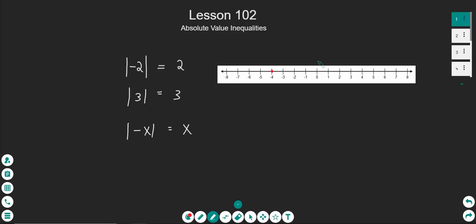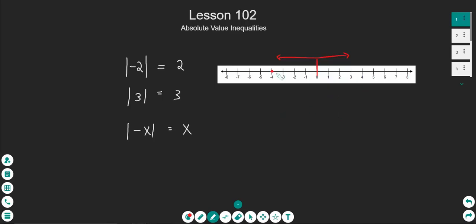If we think of 0 as the origin, the center, the beginning of the number line, and the number line extends out to the right forever in this direction and out to the left forever in this direction, the beginning point is really this 0 point right here. The absolute value is the distance away from 0 that a number is.